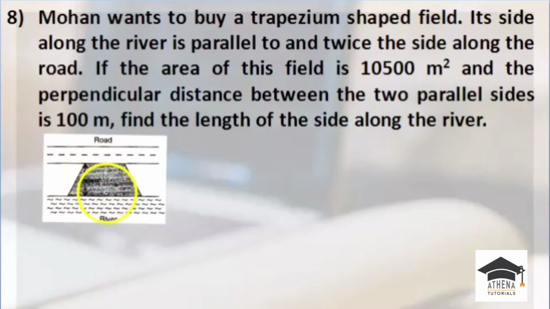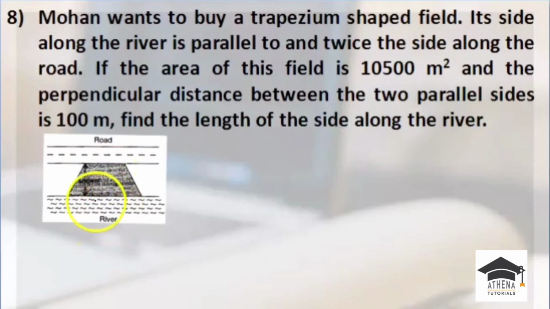This is parallel to another side and this side is twice when compared to the other side, which consists of a road. This means the river side is twice that of the road side.